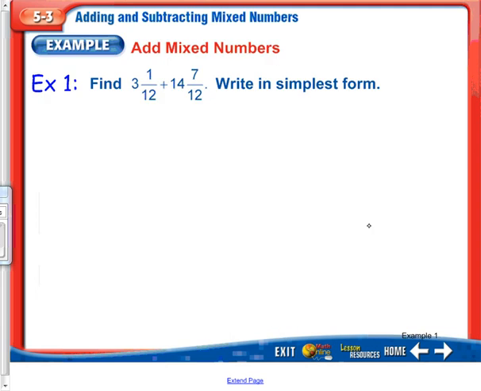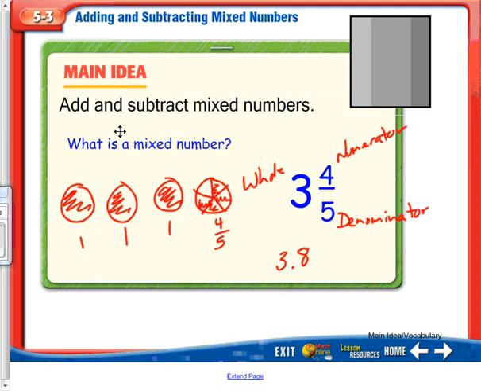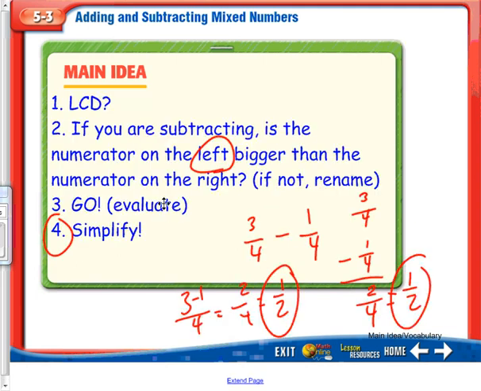So for example 1, it says find 3 1/12 plus 14 7/12, and then write it in simplest form. So first of all, do I have an LCD? Yes, I do. The next question is if you are subtracting. So I can actually jump down to step 3, which here says I can evaluate.